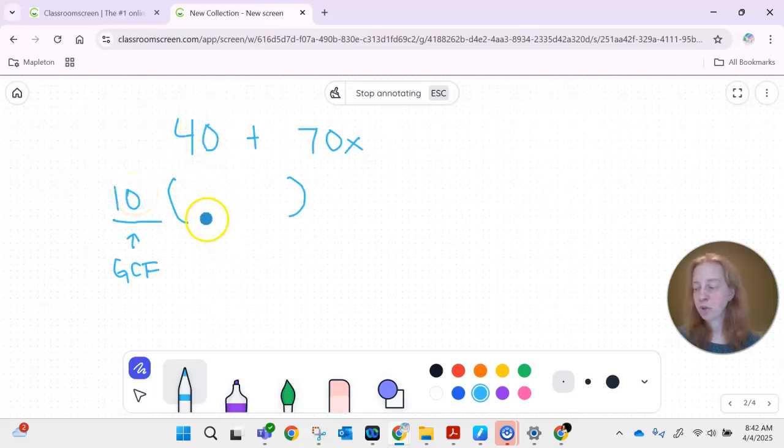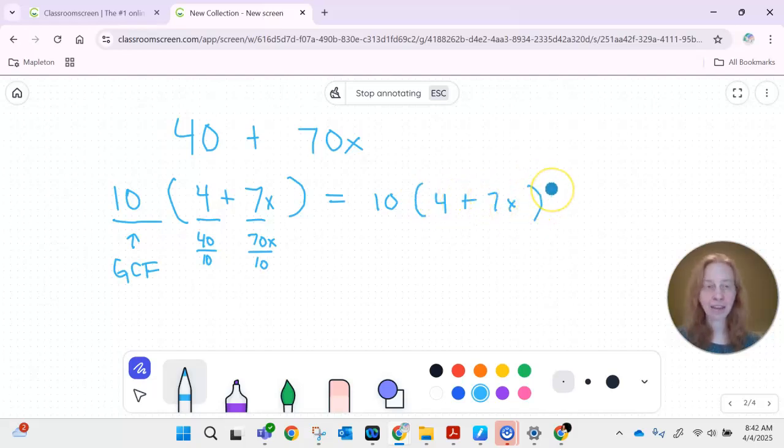To figure out what goes inside these parentheses, I'm going to do 40 divided by 10, which is 4, and 70x divided by 10, which is 7x. And I'm going to bring this plus sign down. Okay, so I have now simplified this with the greatest common factor method.